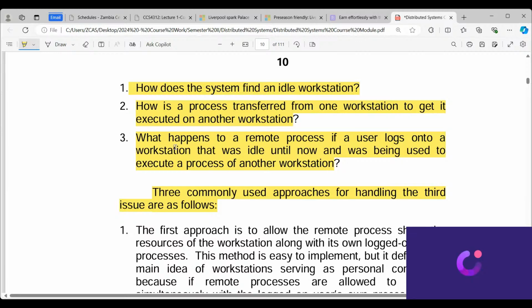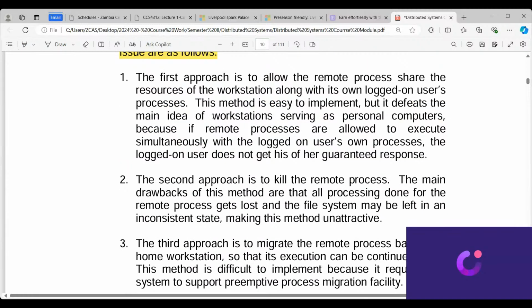Then all of a sudden, somebody logs onto that machine and wants to execute data using that machine. How do you handle such a situation? So that's the question.